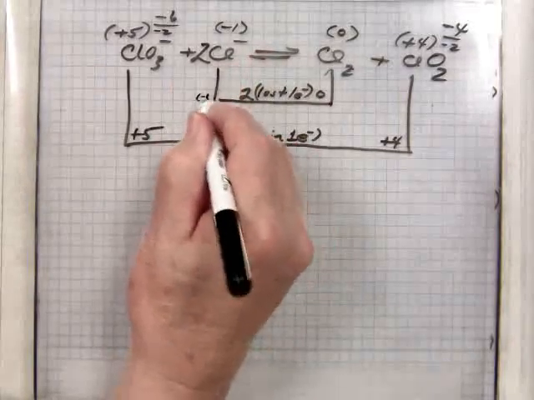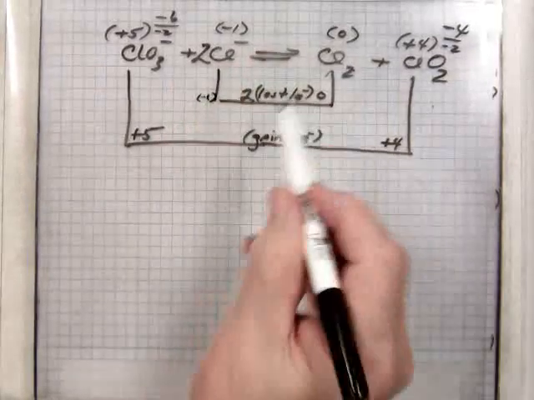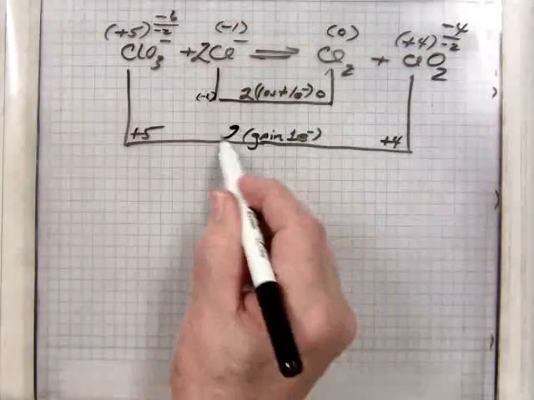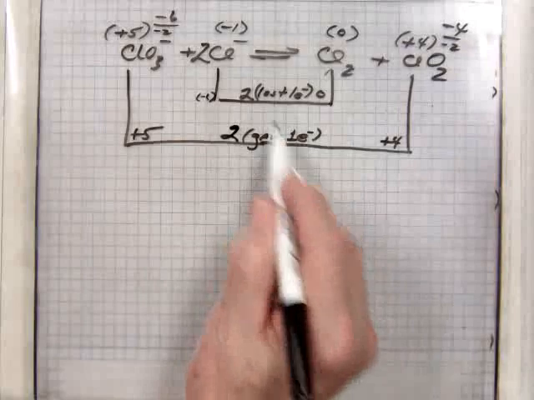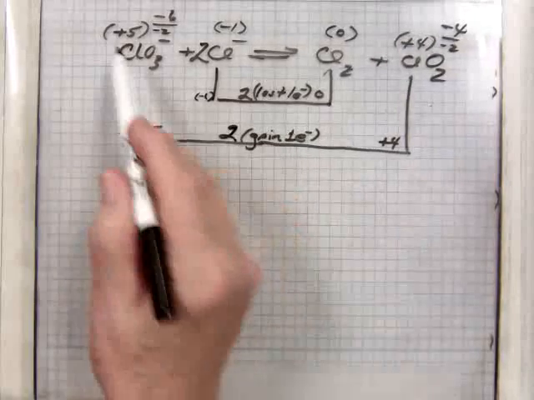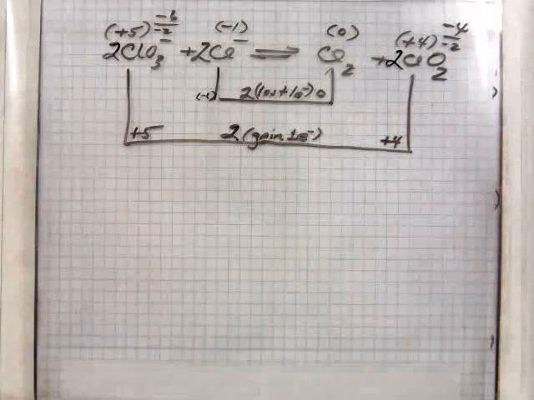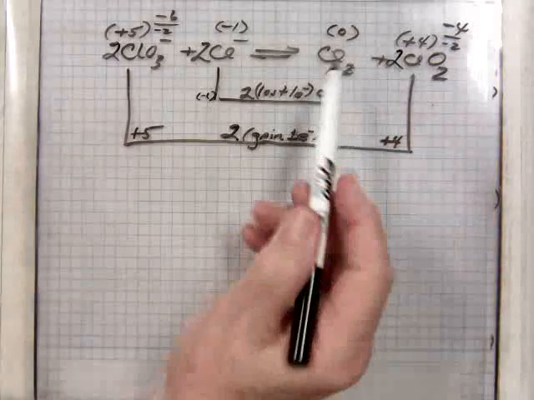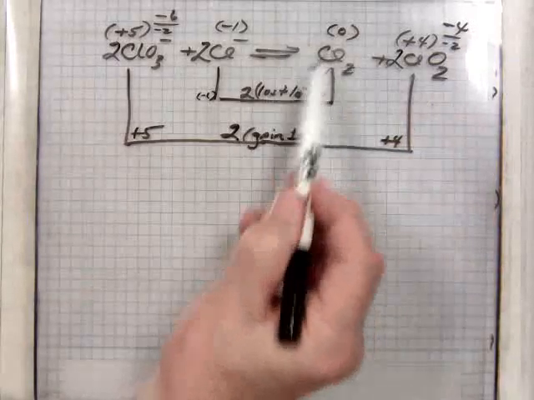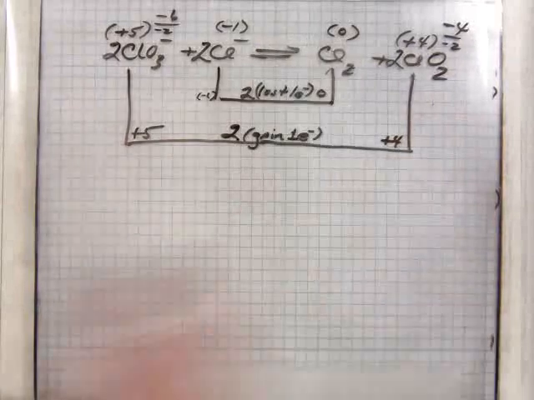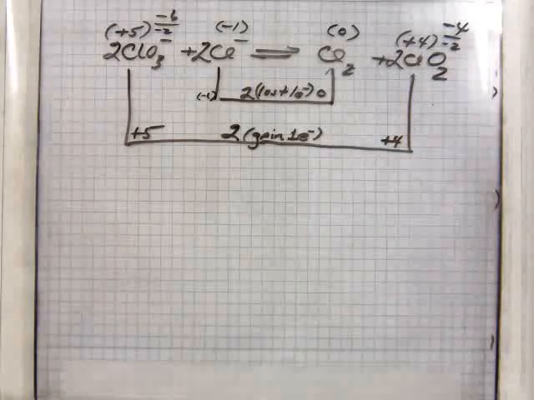Now we want to balance against that. Well, that's 2 lost, 1 gained, so I got to double this to get that to match. So I've got 2 chlorides, each gaining 1 electron. You see what I did? I could not put a coefficient here because it was already defined by the subscript that was in the beginning of the reaction. But you can't ignore those subscripts.